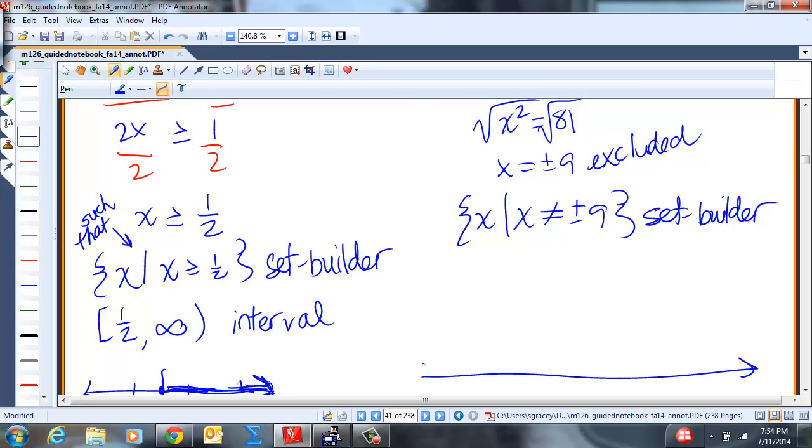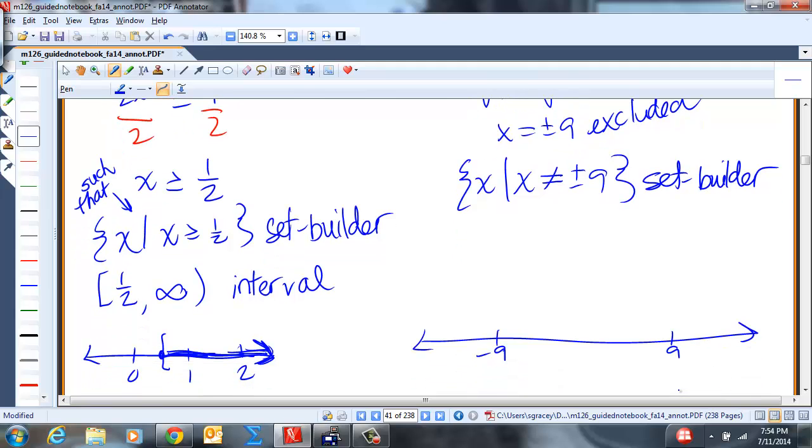So let's look at a number line and let's denote -9 and 9 since they were the interesting numbers. You'd have an open circle, since you're excluding them. You could be to the left of -9, in between -9 and 9, or to the right of 9, but you don't want numbers exactly at -9 or 9 for your domain inputs.